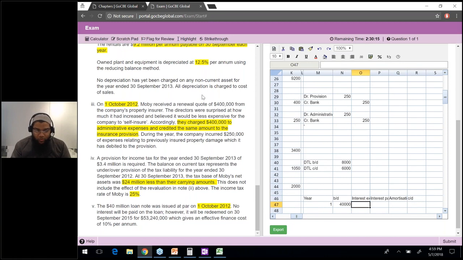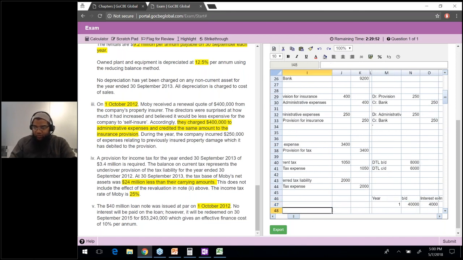So the question says that no interest will be paid on the loan. So the interest paid is 0. However, it will be redeemed on 30th September 2015 for this amount, which gives the effective finance rate of 10%. So the interest expense is going to be 10% and the interest paid is 0. So the entire amount is going to be amortization, and the carried down is going to be 40,000 plus 4,000.